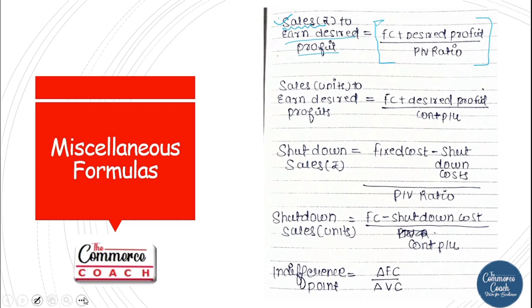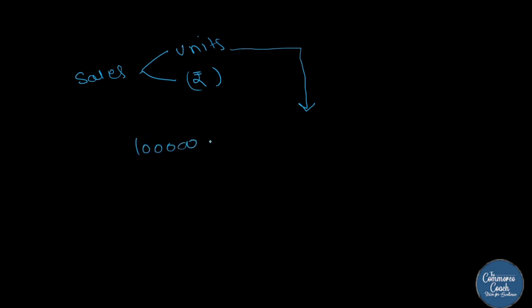Now let me explain. We have two formulas. Your sales manager, or let's say your manager, asks you to tell him sales in two ways, in units and in absolute rupees. He says, tell me the number of units that we are required to produce at least to earn a profit of 1 lakh.